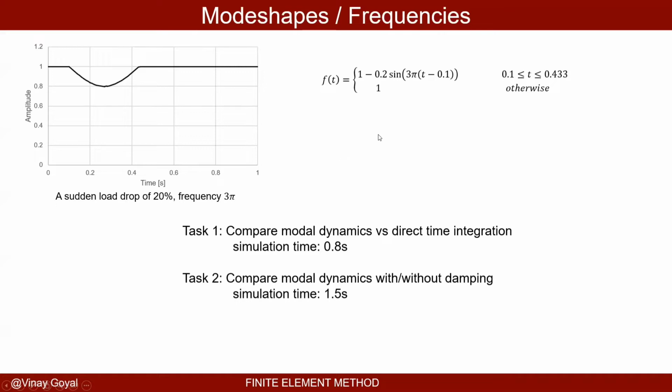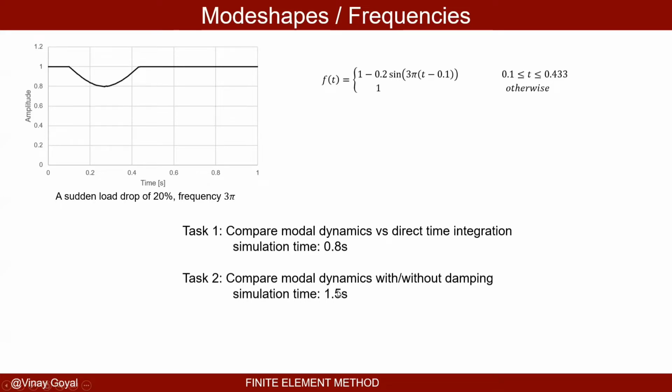We are going to compare different methods and different models. The first task is to compare modal dynamics versus direct time integration. As you have learned from class, direct time integration is mainly a looping method in the time domain, while in modal dynamics you calculate the result as a combination of different modes from different mode shapes.